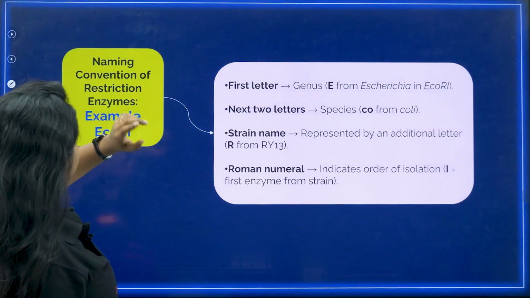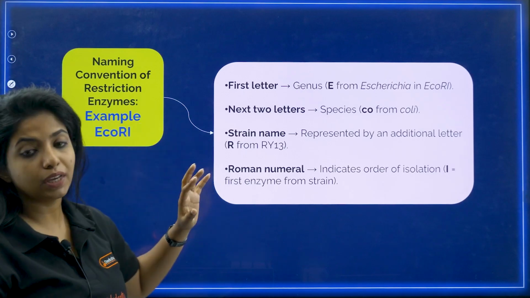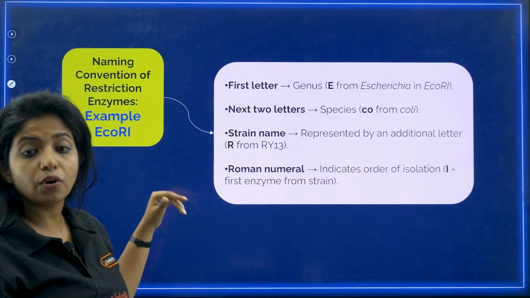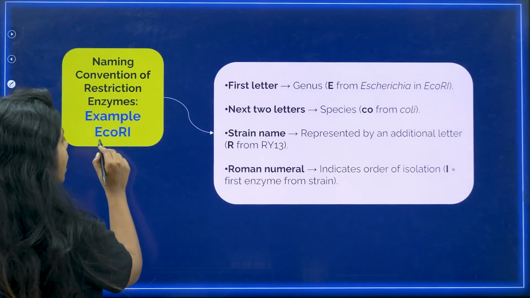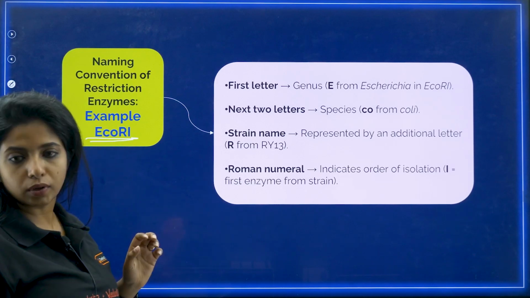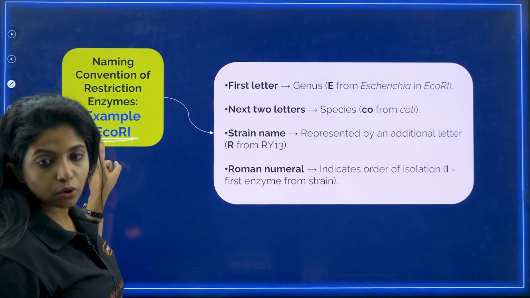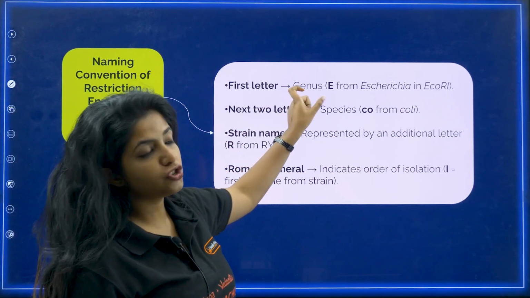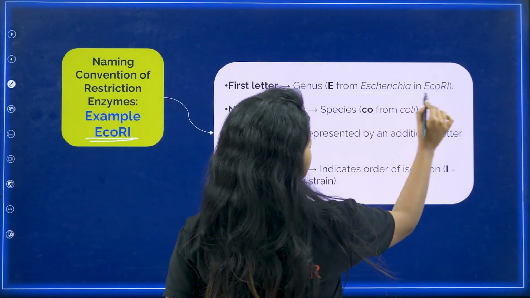Now going ahead, the naming convention of the enzymes. For example, EcoRI or HindII, what do you mean by that? So EcoRI is also a restriction enzyme, okay. Now the first letter of EcoRI, E, stands for the genus name, that is Escherichia in E. coli.